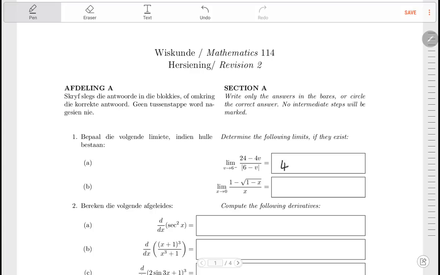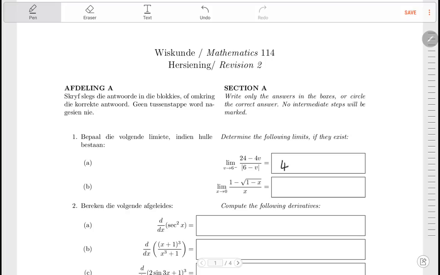Number B, we have the limit as x approaches 0 of 1 minus the square root of 1 minus x over x. So whenever you get a limit of this form, in other words, in your numerator you have something that looks like 1 minus the square root of something, and also in this case, obviously, we can't just put in the value of 0 into x's place, because then we get a 0 in our denominator.